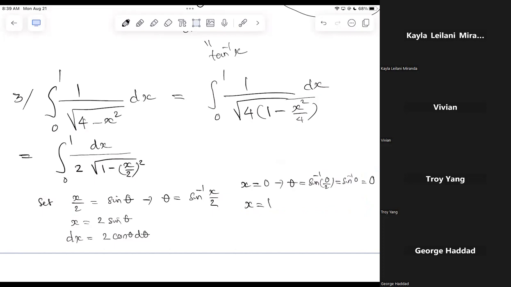When x equals 1, theta is going to be equal to sine inverse of 1/2.